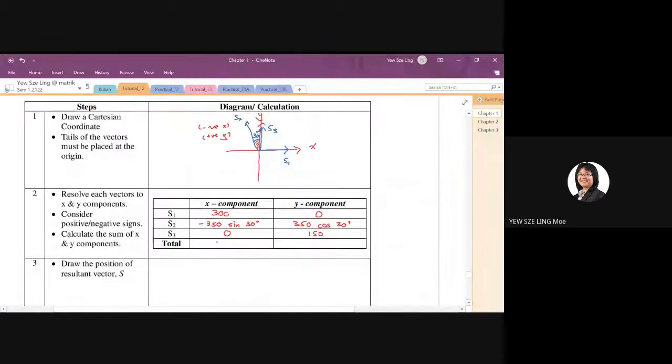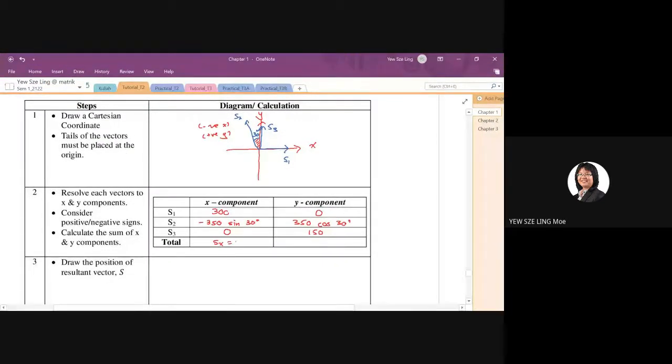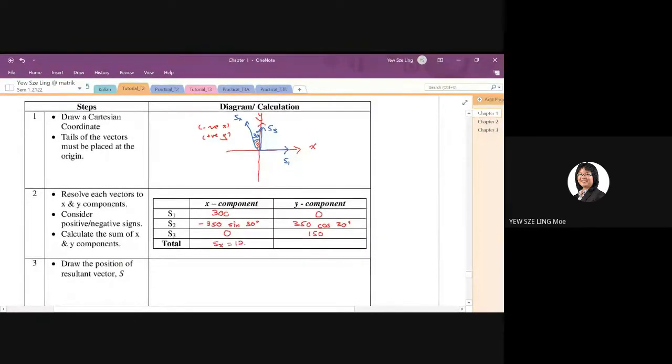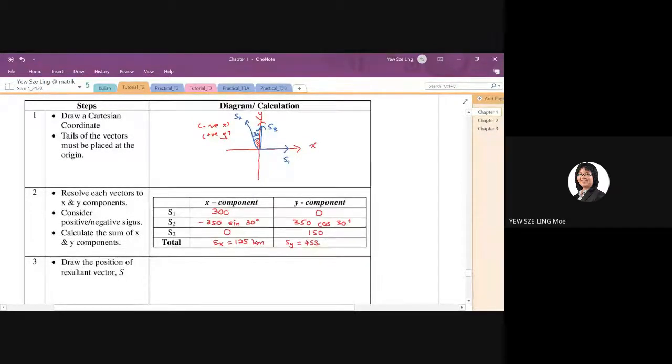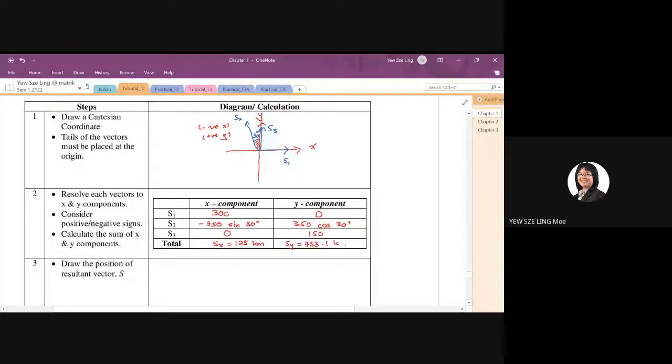So now we have Sx equal to 125 km, whereas Sy is equal to 453.1 km.